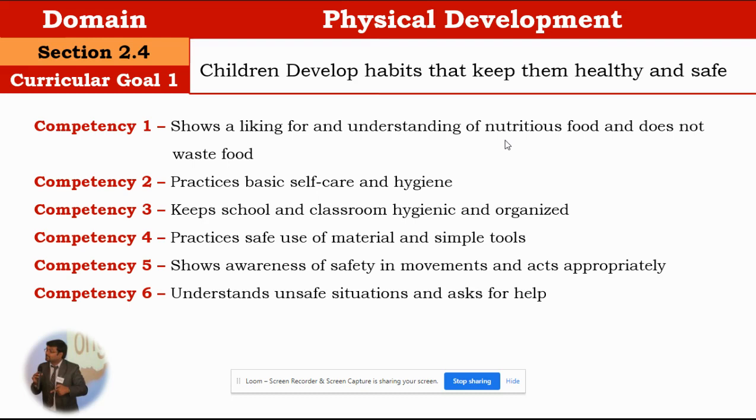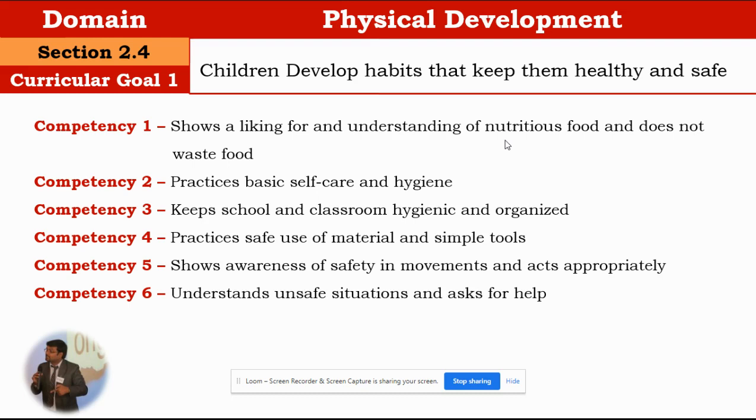So how do we assess whether this competency has been achieved by the child or not? There is a certain set of five, or in some cases more than five, learning outcomes. We see whether the child is able to identify the things which can be eaten and which cannot be eaten, and whether the child is able to differentiate between healthy and unhealthy food items kept in a shop or placed somewhere else.